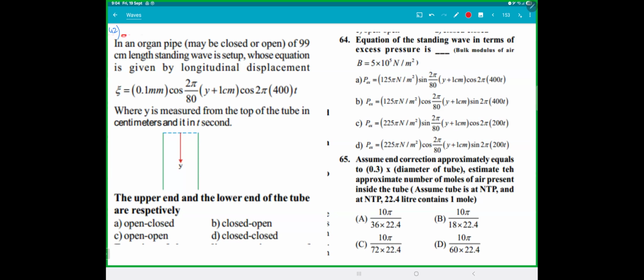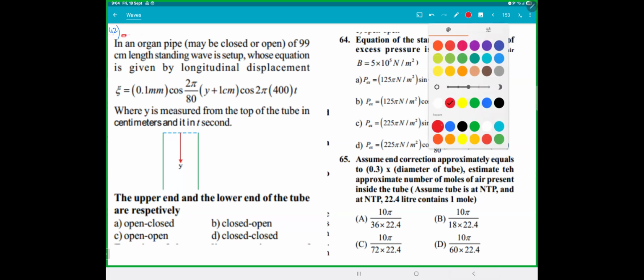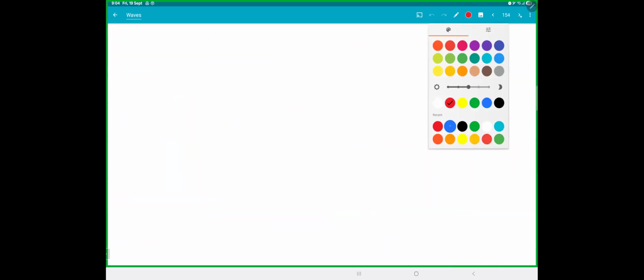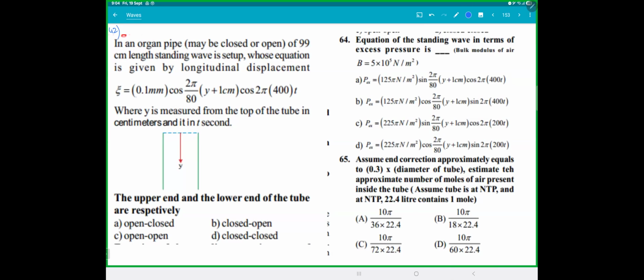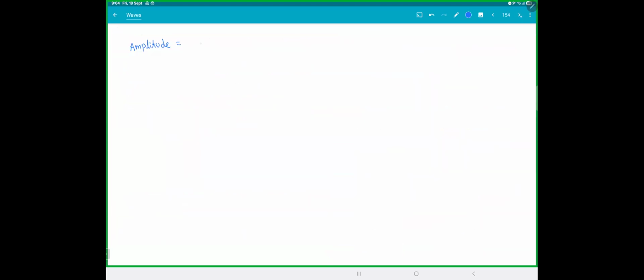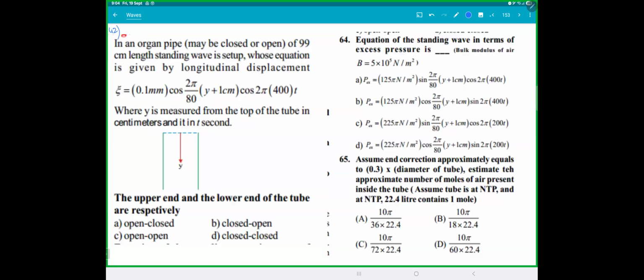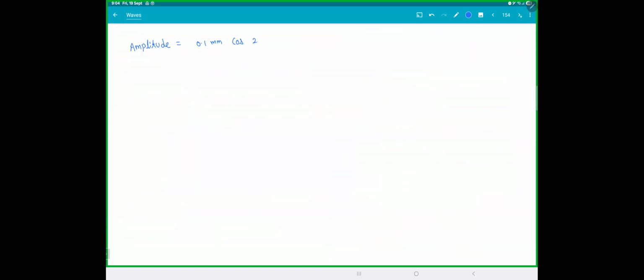Let's see. Now, if you look at this, this is your amplitude, isn't it? This weird symbol, 2 pi by 80 into (y plus 1 centimeter).